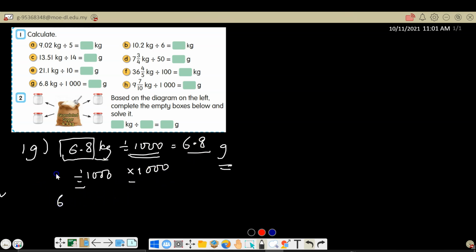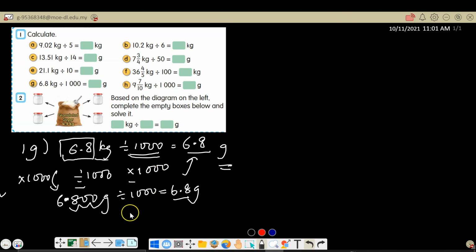If you don't believe me, we try method 1. After you times 1000, you get 6,800 gram, correct? And then you divide back, you get 6.8. That's why I just copy. Remember, times and divide are opposite force.